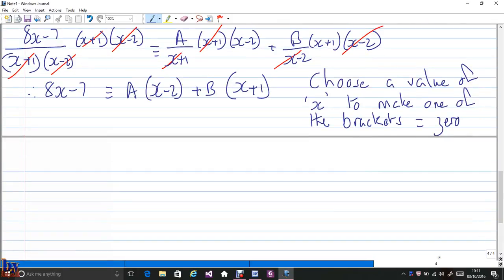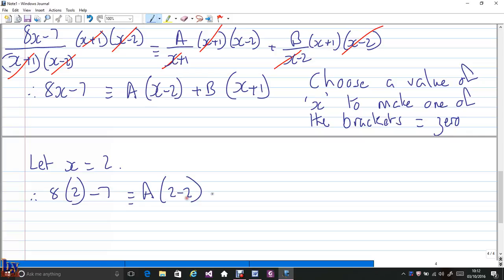Okay, so what I'm going to do then is get rid of A by letting x equal 2. So let x equal 2. Therefore we have 8 times x, but x is 2, minus 7 equates to A into (2 minus 2) plus B into (2 plus 1). Wherever we see x, we change it to 2.